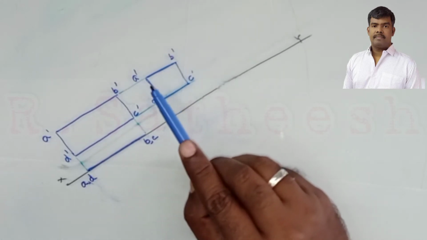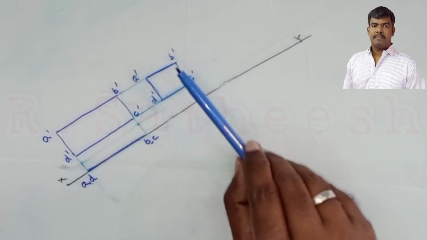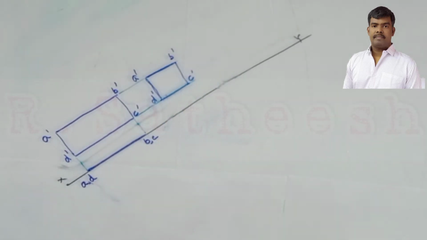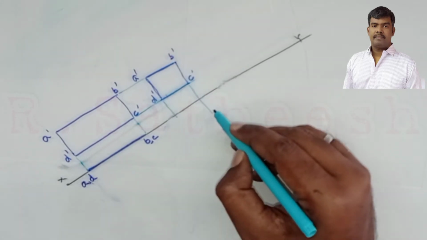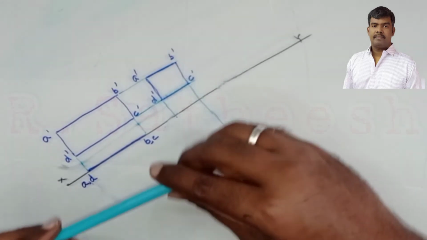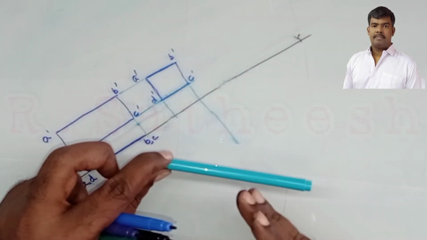Now project the top view, since its front view appears square. So this view is inclined to the VP.